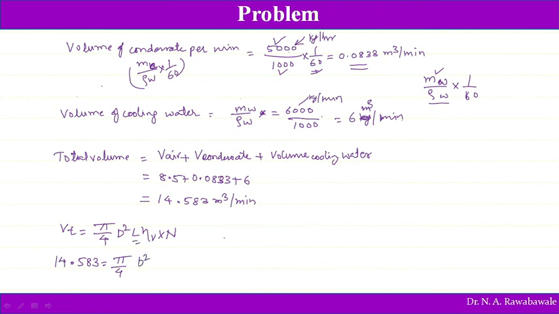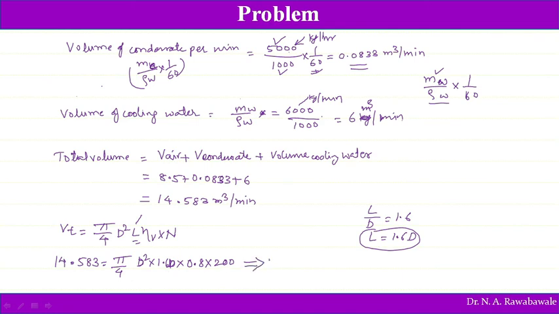The L by D ratio is given as 1.6, so L is equal to 1.6 times D. In place of L we substitute 1.6 D. Volumetric efficiency is given in this problem as 80%, meaning 0.8, into RPM given as 200.